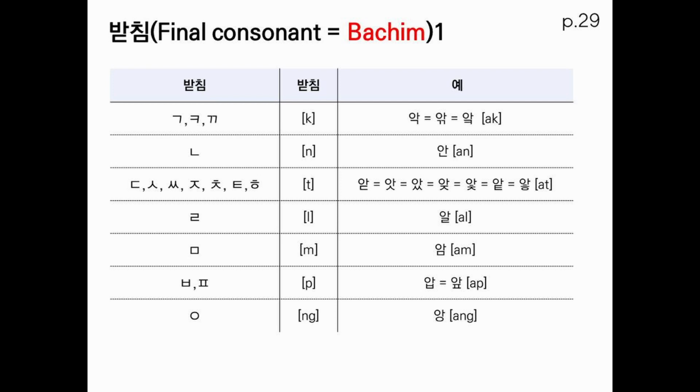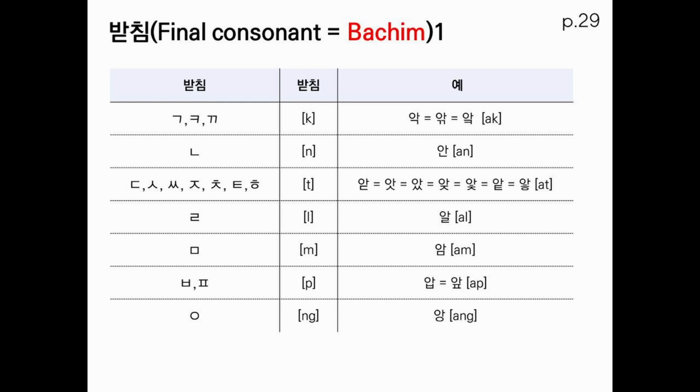This 받침 has the same sound as the basic consonant L. For example, 알. 받침 ㅁ. This 받침 has the same sound as the basic consonant M. For example, 암. 받침 ㅂ and ㅍ. Although these two consonants have different sounds in the basic form, when they become 받침, they both produce the sound of English P. For example, 압, 앞 produce the P sound when they have a 받침.